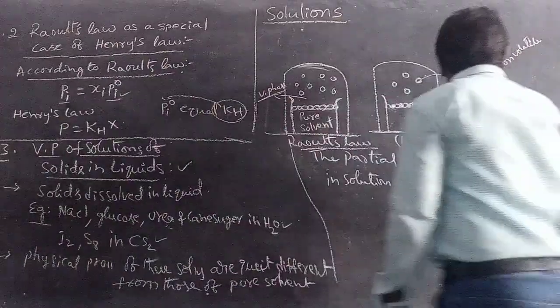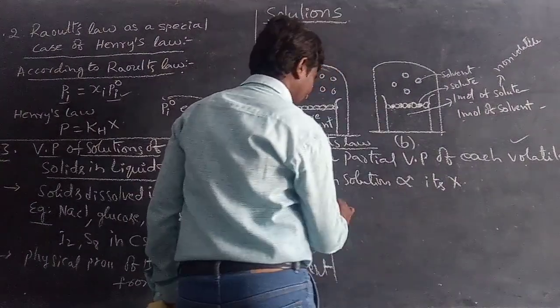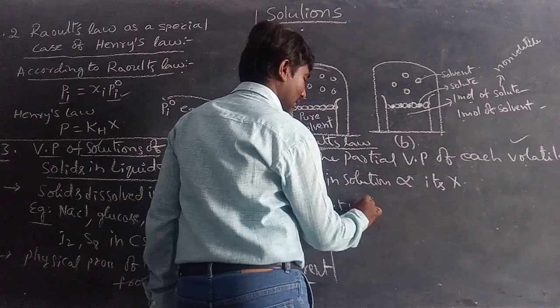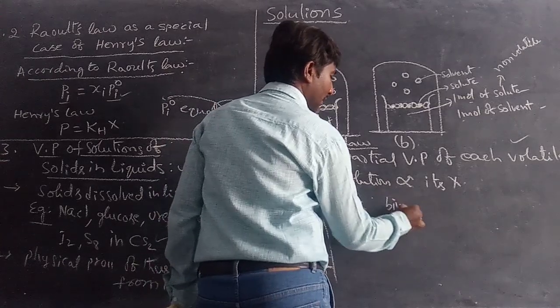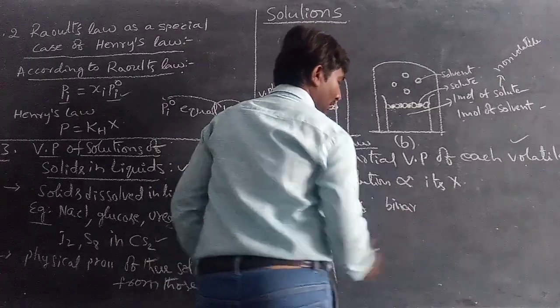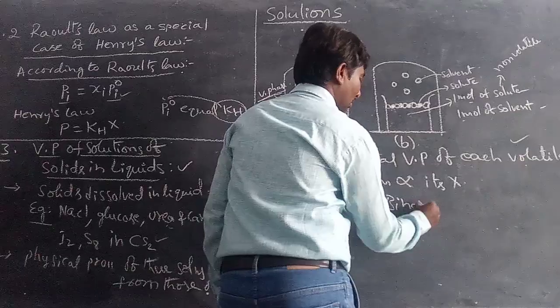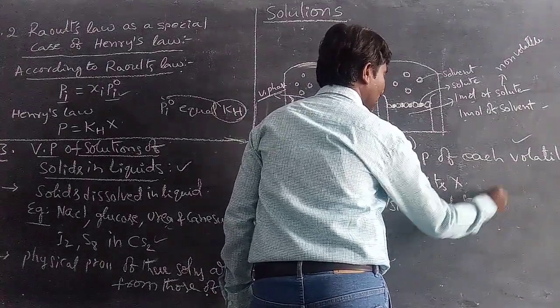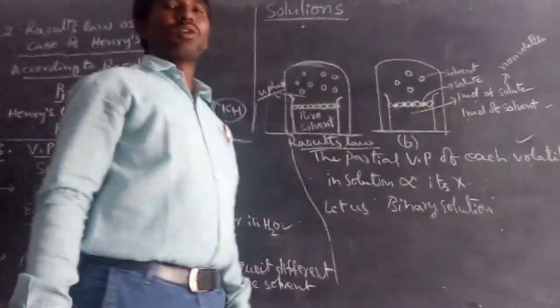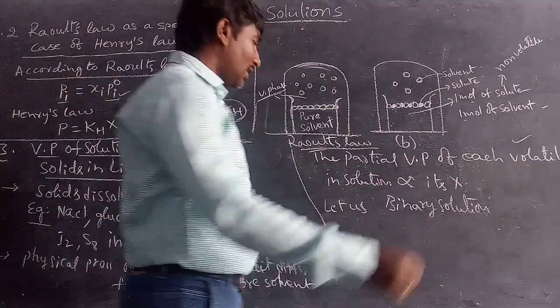So according to Raoult's law, let us consider a binary solution. A binary solution means two components are present in the solution.